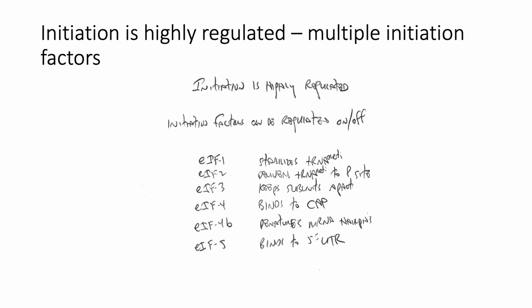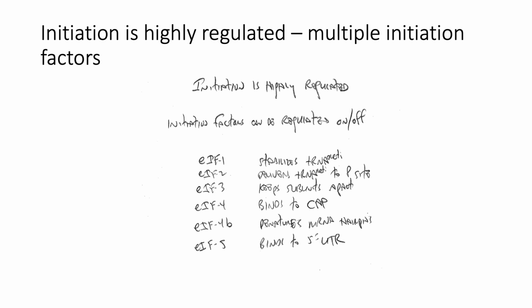EIF4 is the protein receptor that binds to the cap structure. EIF4B denatures the messenger RNA. Any hairpins, in order for this thing to be translated, you have to get rid of those secondary structures. And then the EIF5 binds to the 5' UTR. All these things help participate in a smooth translation taking place.